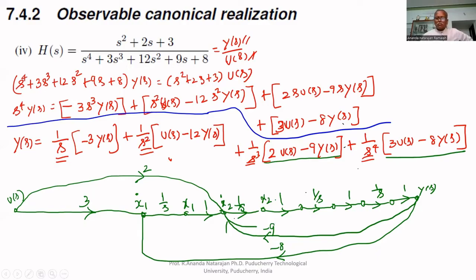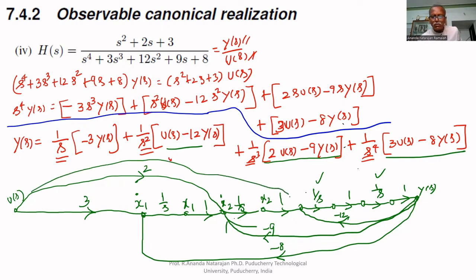The third one is 12 y of s with the 2 integrators. So minus 12. And how many u of s? 1 u of s.